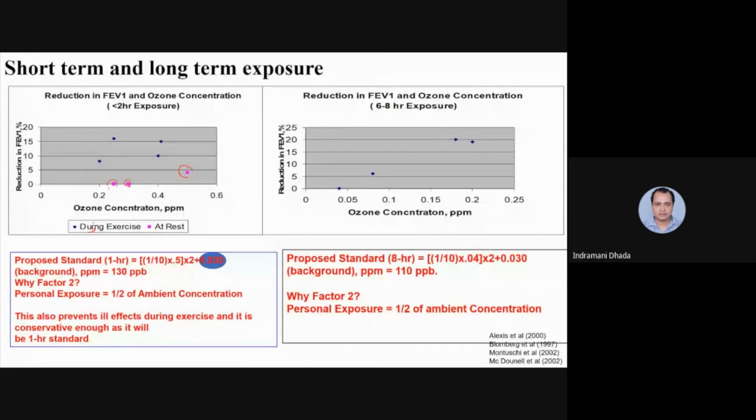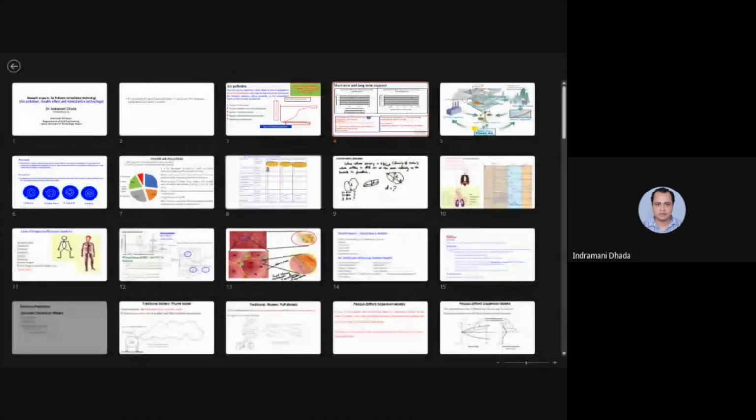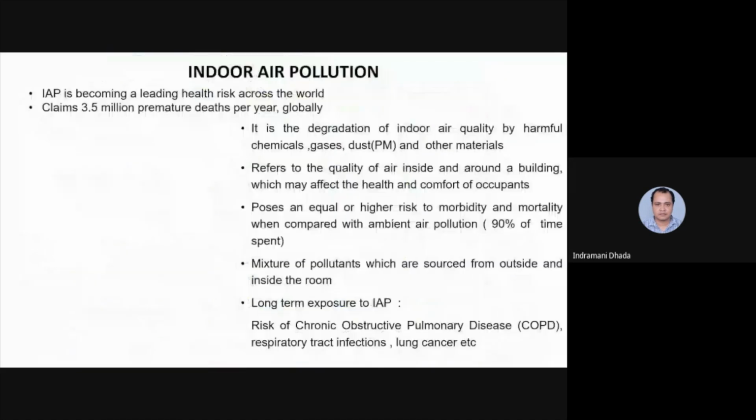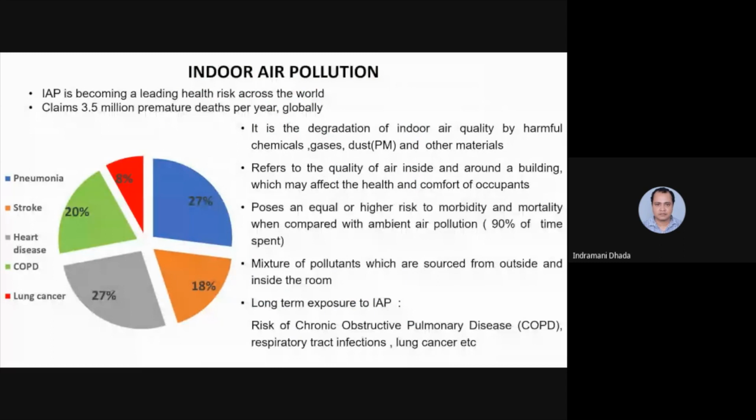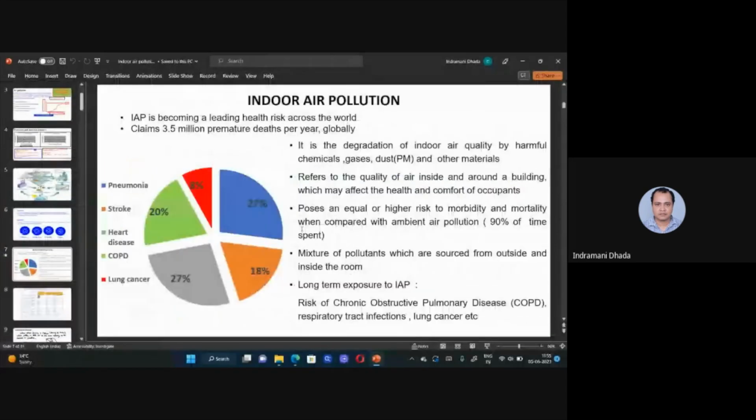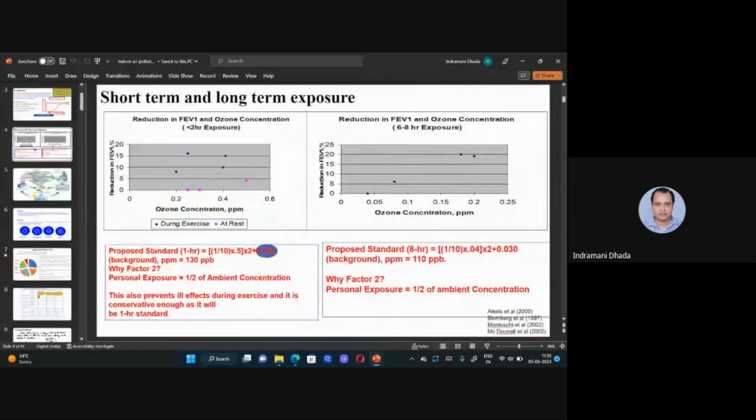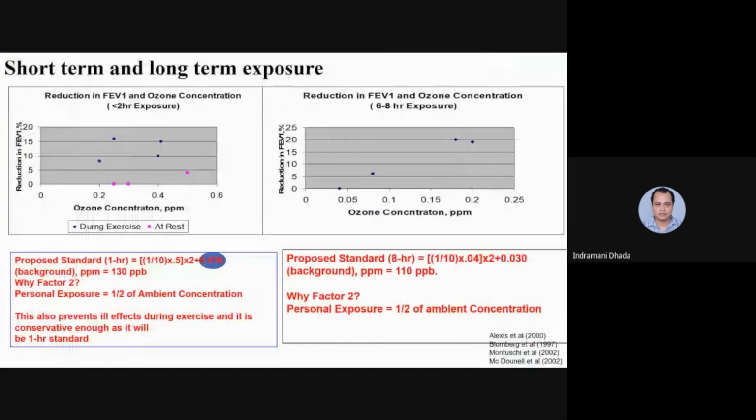What is the highest concentration of ozone here? Around 0.5. The highest concentration here is 0.5.